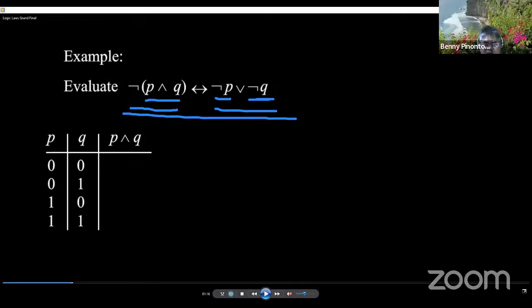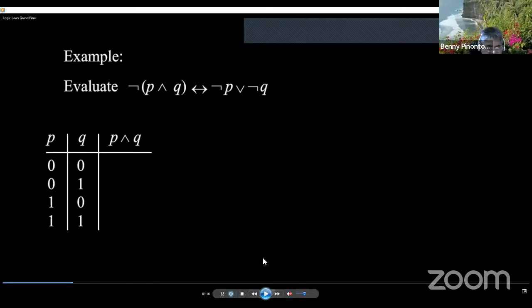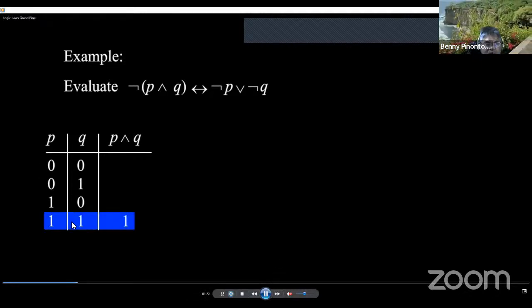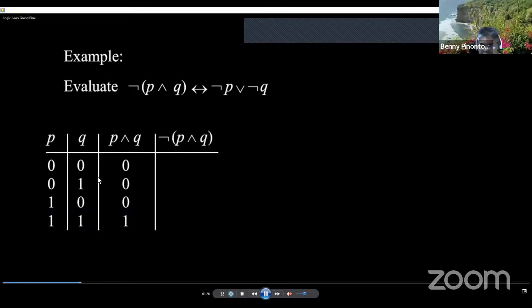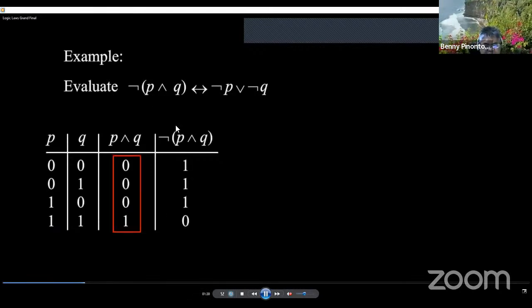So that's what we're going to do in the table. So P and Q, again, we're looking for the ones, and then that's the result. You're going to know this if you keep practicing. And then the negation, of course, is the opposite of that one. So 0, 0, 0, 1. Now the opposite is, of course, 1, 1, 1, 0.